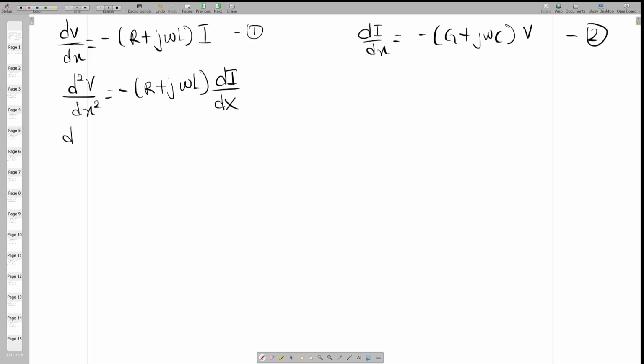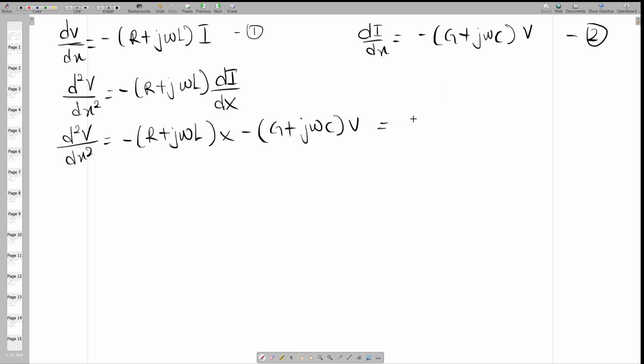So d squared V over dx squared will be minus (R plus j omega L), and the dI over dx is here, so times minus (G plus j omega C) times V. Since this is negative, they multiply, they will be positive. So I'll have (R plus j omega L)(G plus j omega C) all times V.